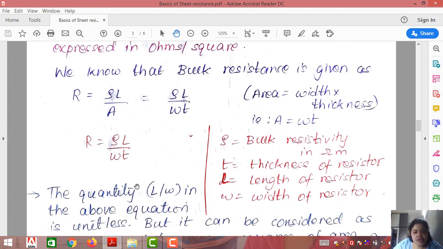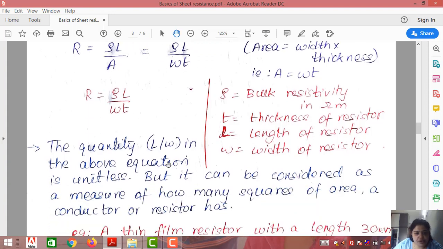So the formula becomes R equals rho L upon W times T, where rho is known as the bulk resistivity of the resistor, the unit of resistivity is ohm meter, L is the length of the resistor, W is the width of the resistor, and T is the thickness of the resistor.